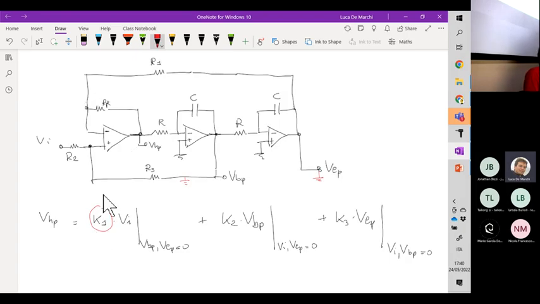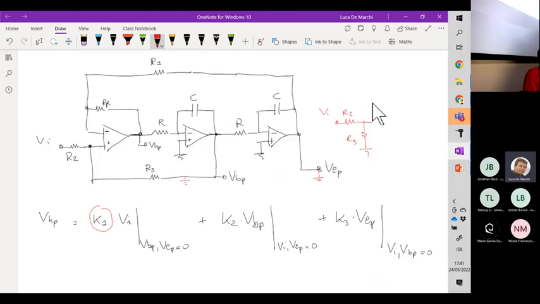So we can simplify a lot of the analysis because we have no feedback loop through the first integrator and no feedback loop through the second integrator. So basically, let's call it the red circuit is just VI facing R2. R2 is connected to R3, which is grounded.